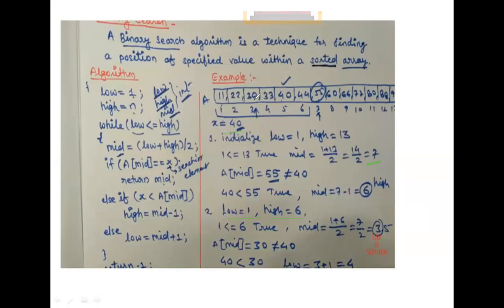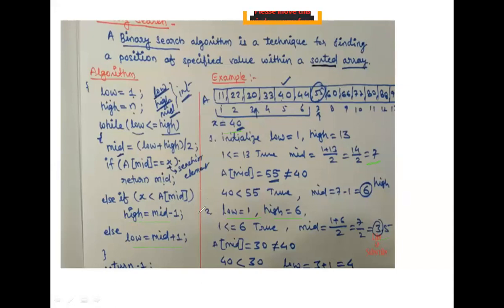So A of 3 is not equal to x. Then check the condition: if x is less than A of mid, the condition is false here. So I move to low equals mid plus 1.